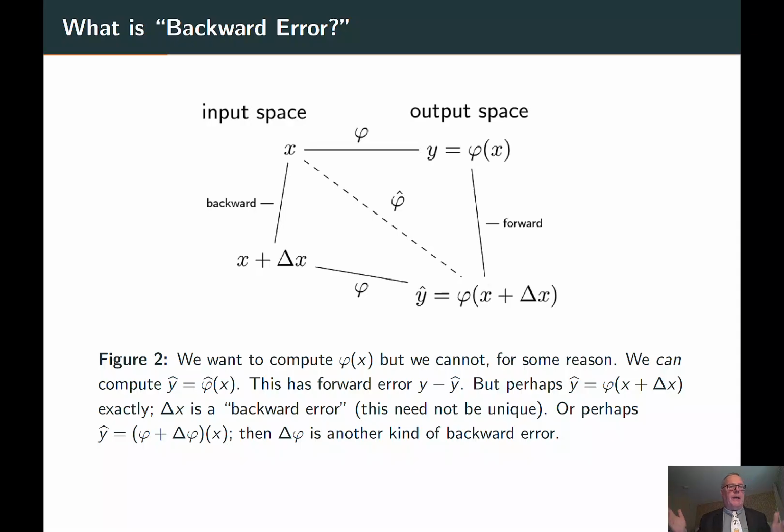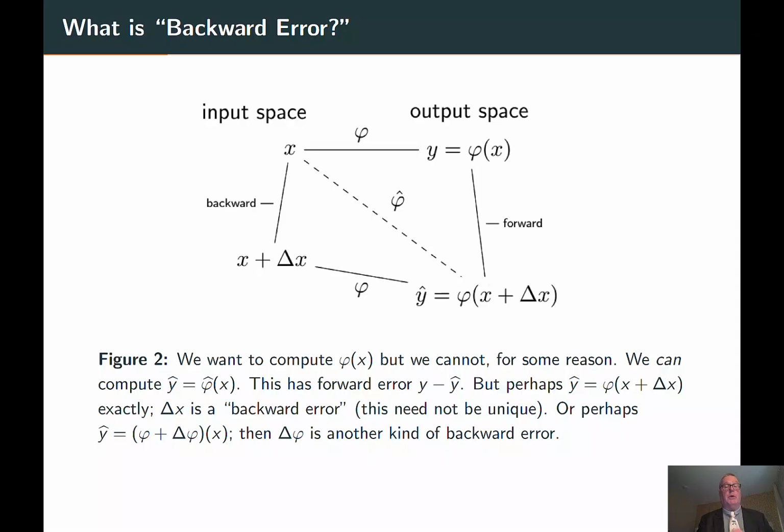Okay, what is backward error? Backward error can be very easily explained to engineers and physicists and social scientists, lots of scientists, because they're used to making approximations in their models. So formally and abstractly, the job of computation is you've got an input space, you've got data in the input space, and you've got something that you want to compute.